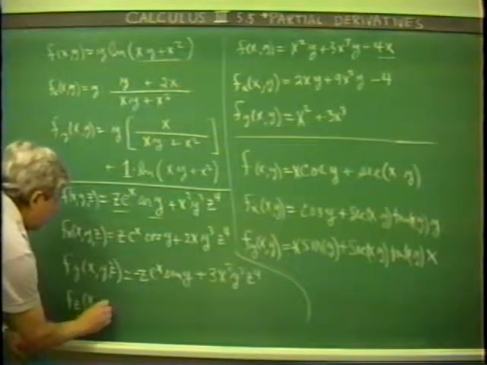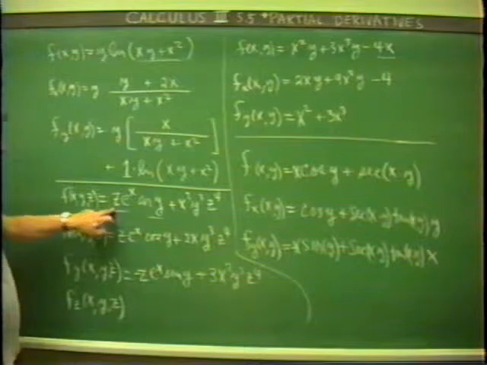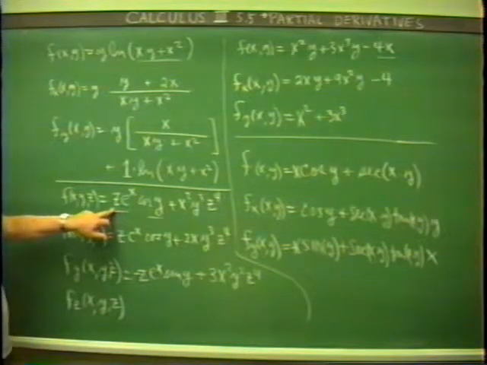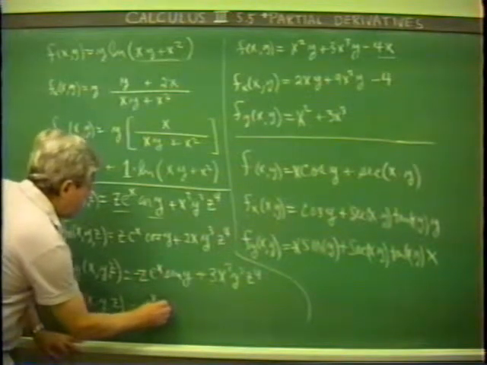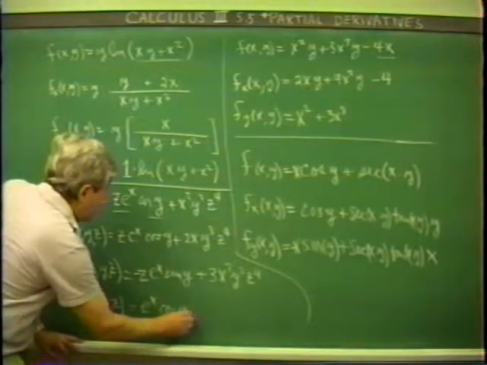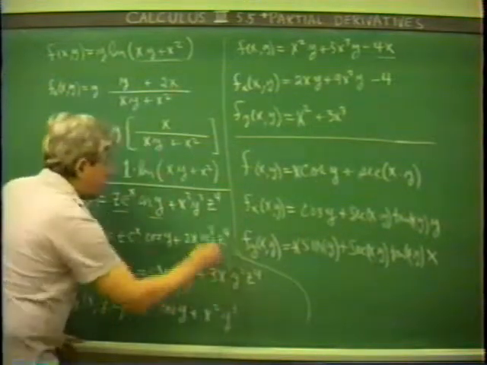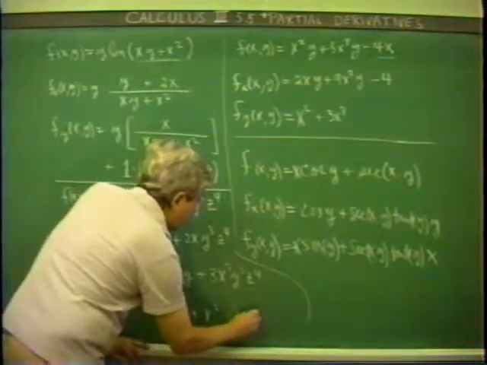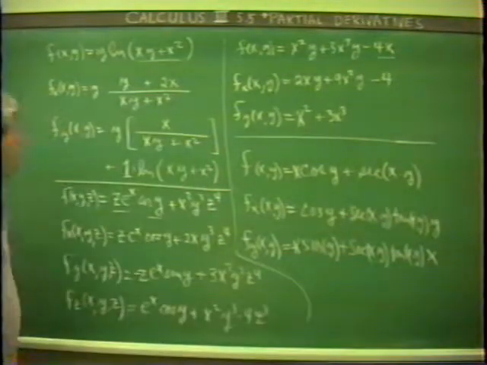Partial with respect to z, at the point x, y, and z. Treating x and y now as fixed, differentiating with respect to z here, we get e to the x cosine y plus x squared y cubed times the derivative of z to the 4th, which is 4z cubed.